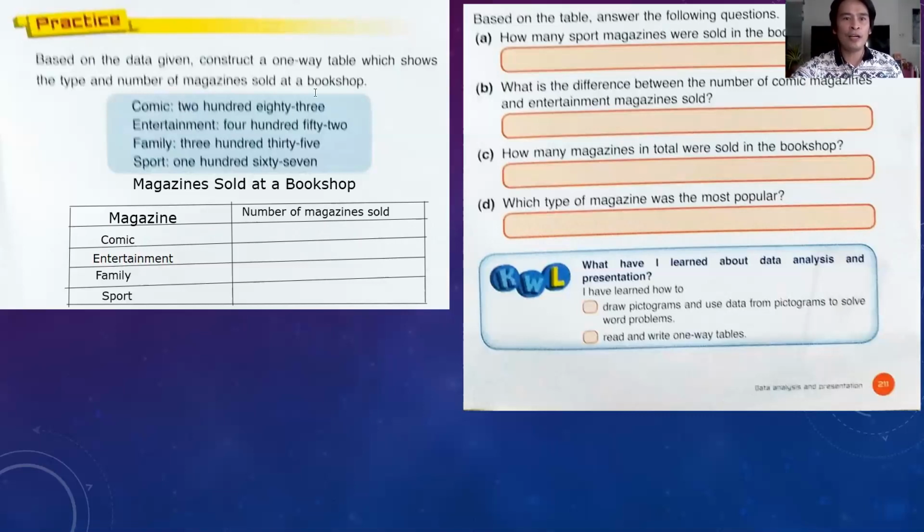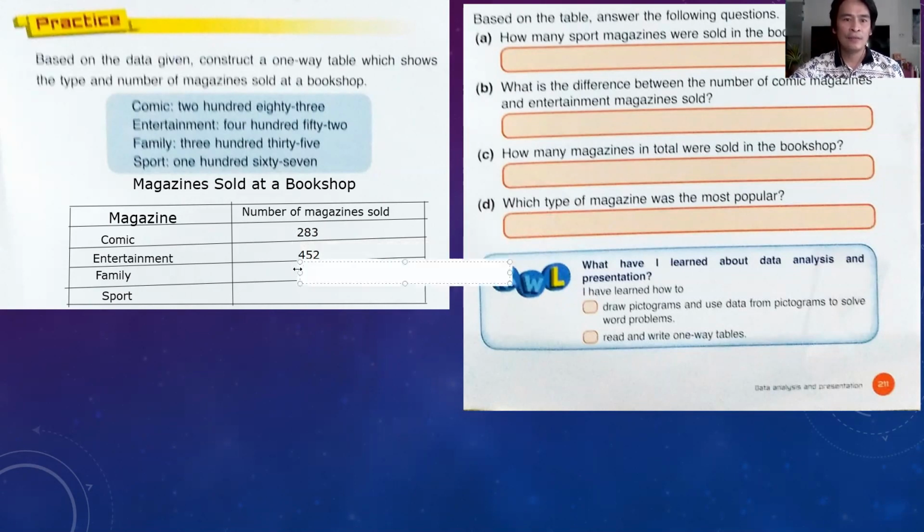After that, you change the words into numerals. 283 is easy breezy, right? So it's 2, 8, 3. Next, entertainment: 4, 5, 2.